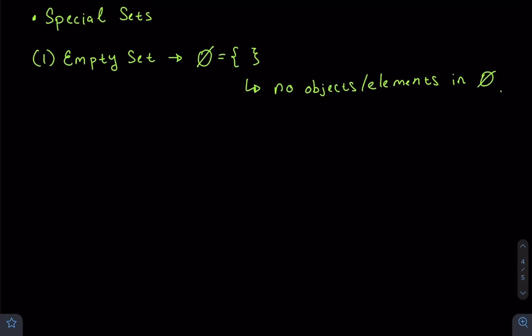The next set I want to talk about is the set of natural numbers. Natural numbers is going to be denoted by a bold-faced N, and it's the set that contains the element 1 and every number you get from adding 1 to the previous number.